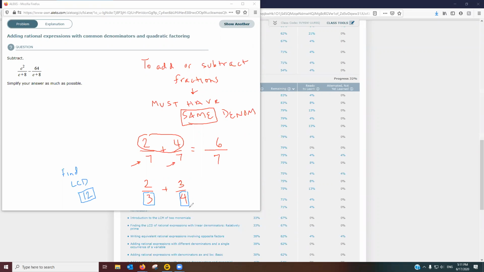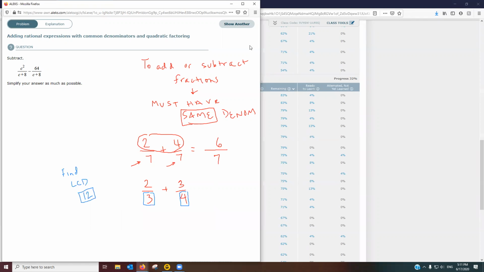and 4 evenly divide. So what I want to do then is convert these fractions into equivalent fractions that have the denominator of 12 that I'm looking for. So I'm going to change this to be a denominator of 12, and I'm also going to change the second fraction to be a denominator of 12.